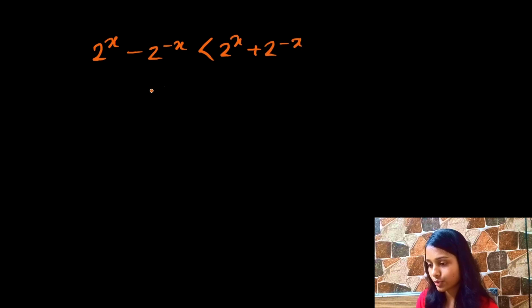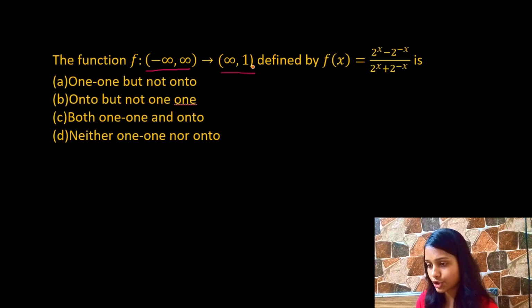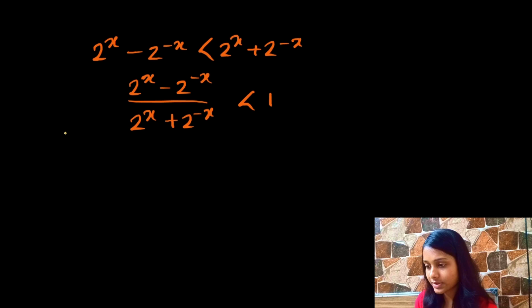For checking onto, see, the function has this form, and this is always less than 1. The codomain is, sorry, this should be minus infinity to 1. So let us see what is the behavior of this function at minus infinity.